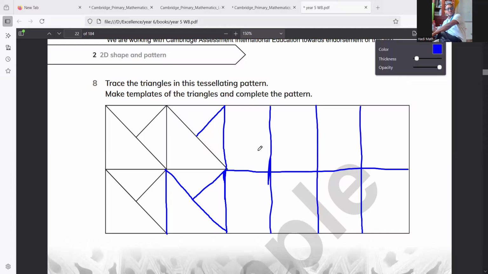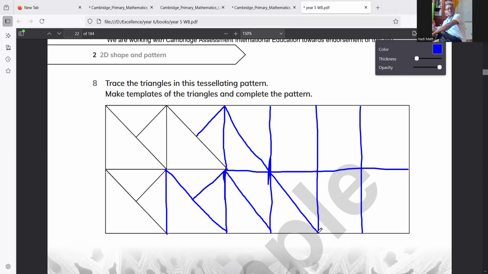So one this way, and then you keep doing like that. You break these ones, the same idea. We start from the beginning: you break this one into two triangles, you go to this one and break it into two triangles, you go to this one and break it into two triangles.